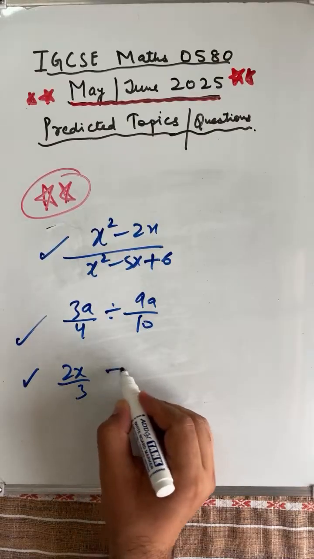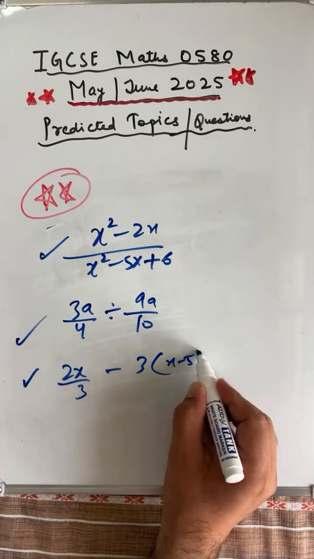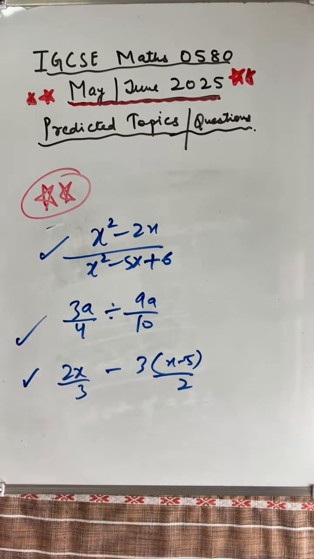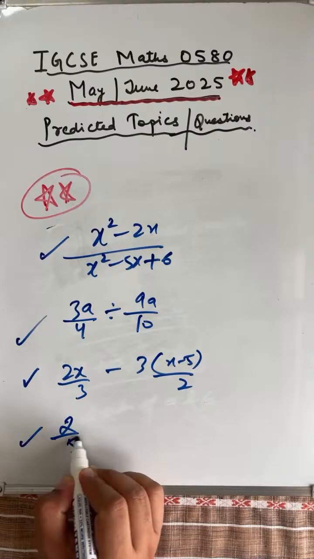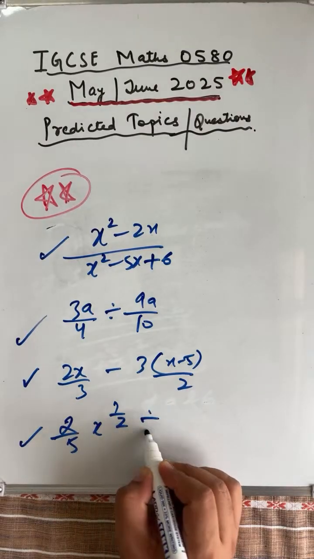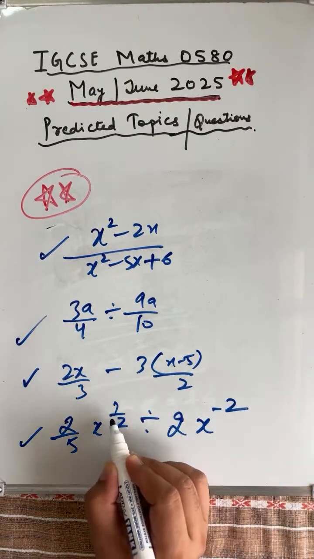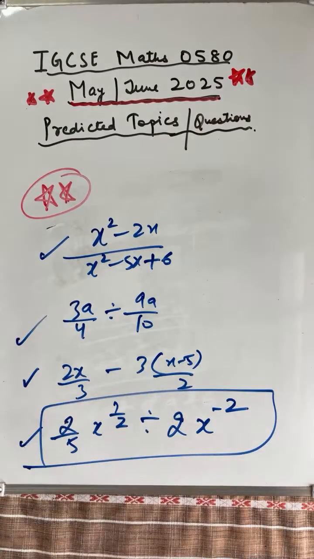Or 2x upon 3 minus 3x minus 5 upon 2. One more type can be there, like 2 1 by 5 x power 1 by 2 divided by 2 x power minus 2. Now here we have to use the indices also.